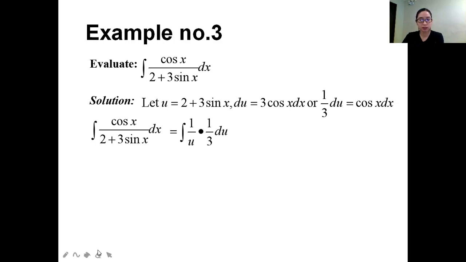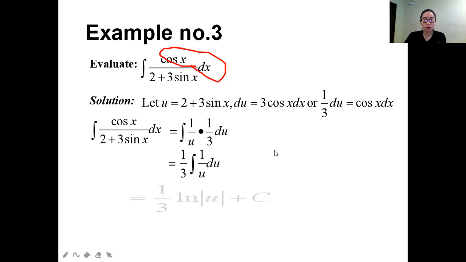Okay, so cos x dx is treated as one family, and the rest is separate. So we have 1 over u times 1/3 du. Rewrite it as 1/3 integral of 1 over u du. Let's go back to the properties we discussed the other week. 1 over u means we have an ln value, or logarithmic. So 1/3 ln absolute value of u plus c.